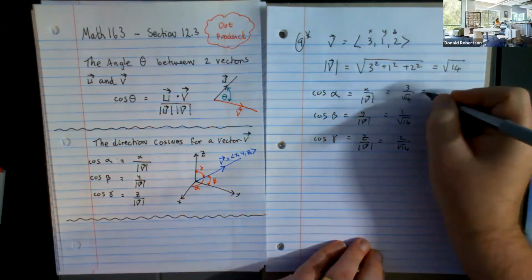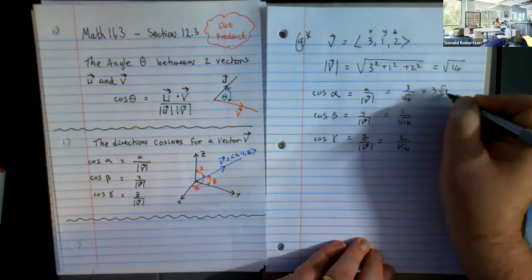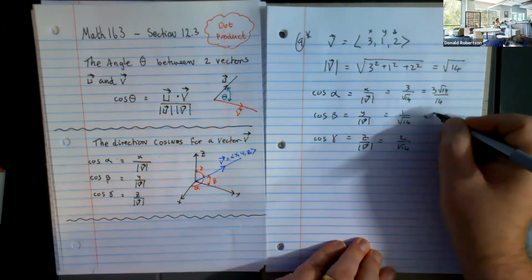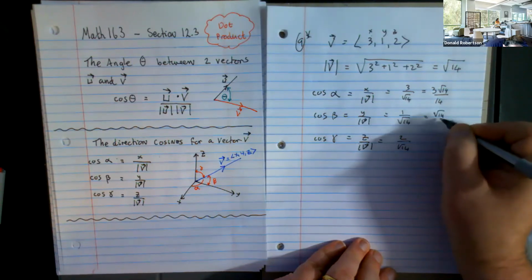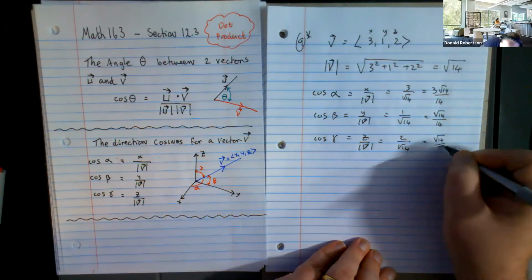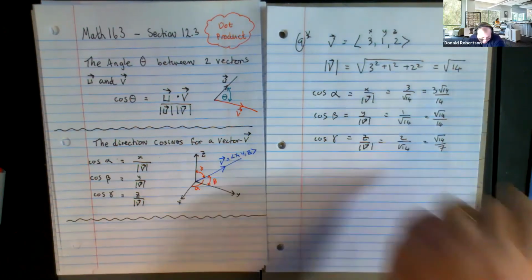And since I'm a purist, let's rationalize the denominator, because the 2 and the 14 will cancel.